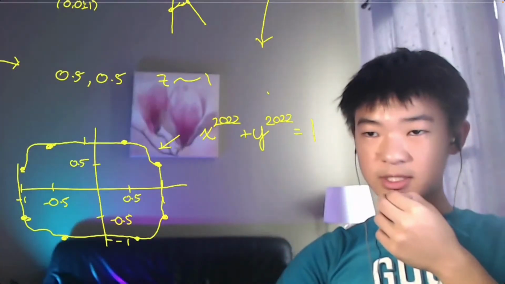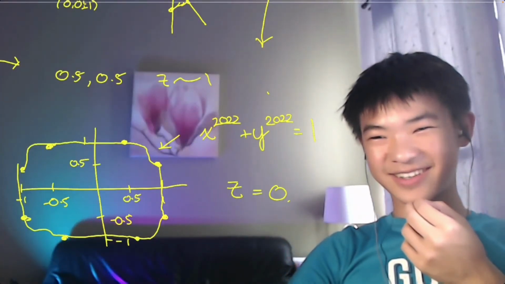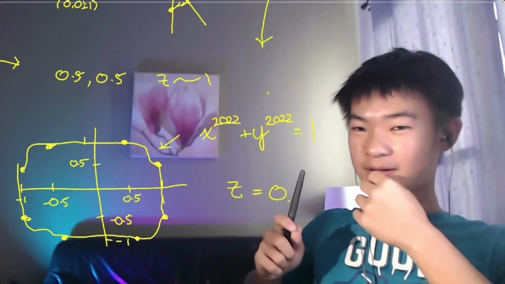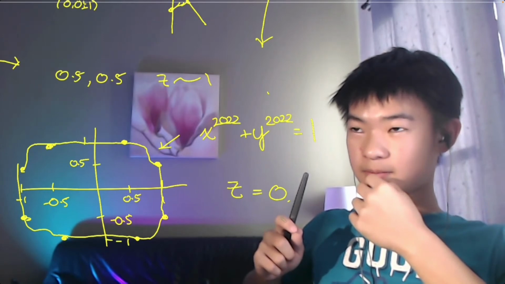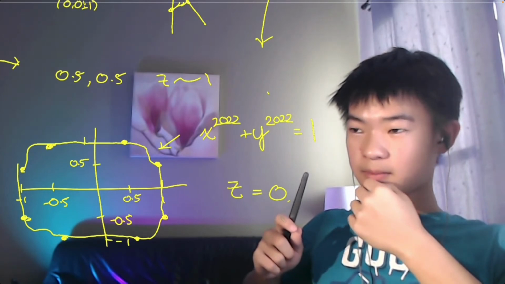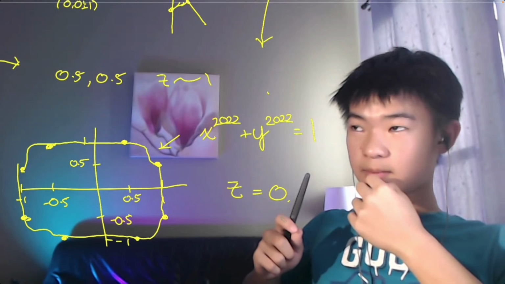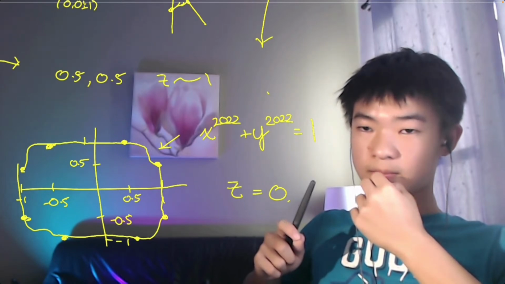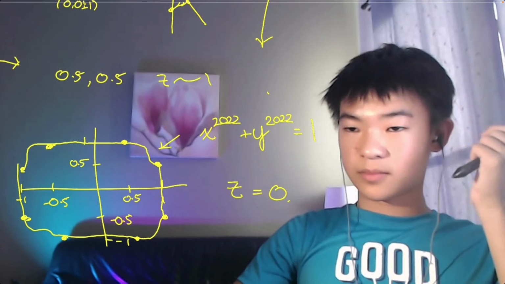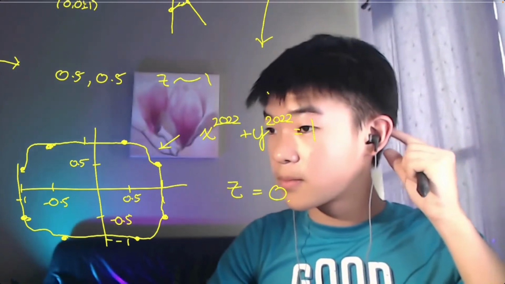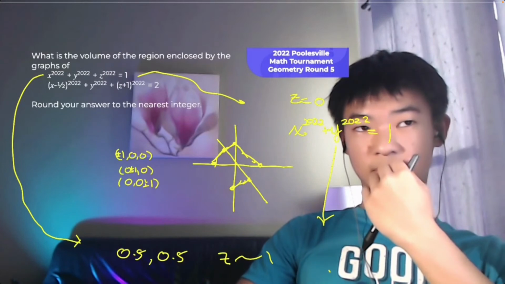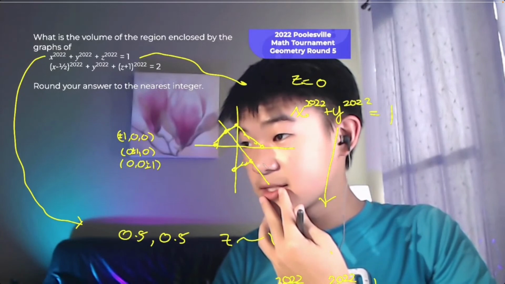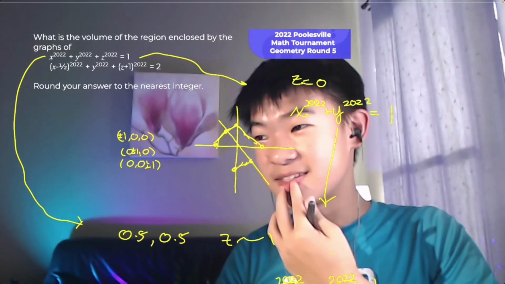Okay, so this is when z is equal to 0. We have to figure out what happens when z is not equal to 0. Okay, so if we look at the original equation, for any z less than 1, it may as well be 0.